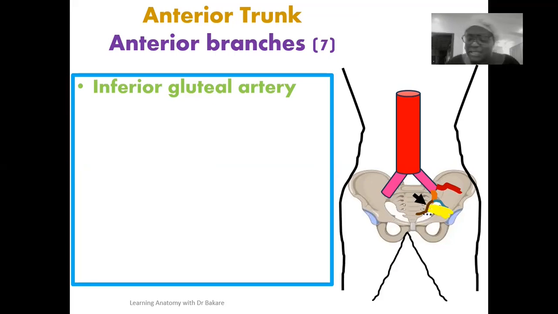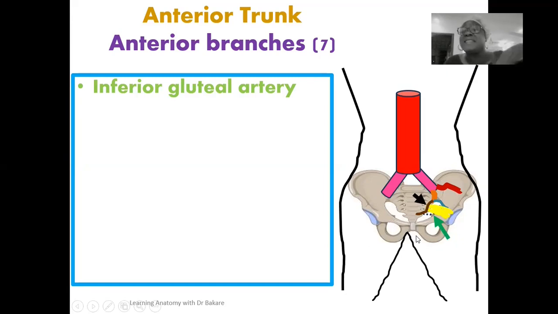So if you try to use this image here, this is where we have the inferior gluteal artery. And of course, you see it parting below the piriformis. Remember, the superior gluteal artery is seen to part above the piriformis. It's one of the branches from the posterior trunk of the internal iliac artery, while the inferior gluteal artery is a branch from the anterior trunk of the internal iliac artery.